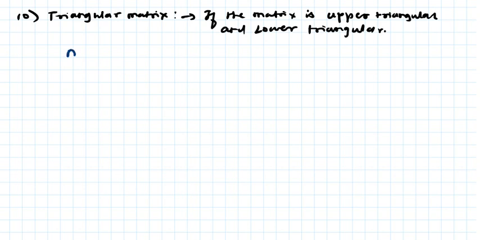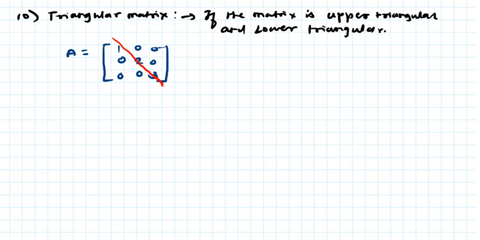For example, if I take it like this: 1 0 0, 0 2 0, 0 0 3. Clearly the diagonal of this matrix is 1 2 3.